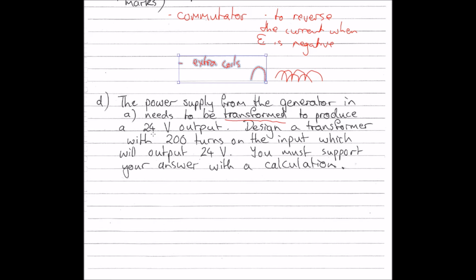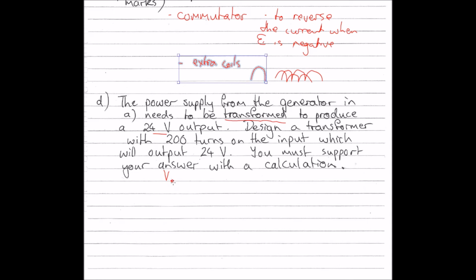So I'm telling you what the output voltage is. The input voltage should have been your answer from the previous question. Now, as long as you were sensible with how you answered this question, I would give you full marks even if your voltage from the previous one wasn't right. You need to support your answer with a calculation. So all you needed to do with this one was just use the transformer equation in the correct form.